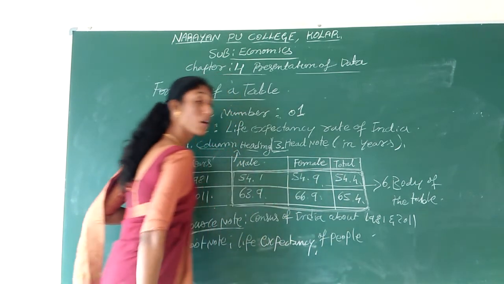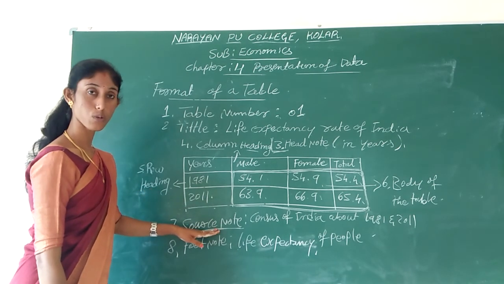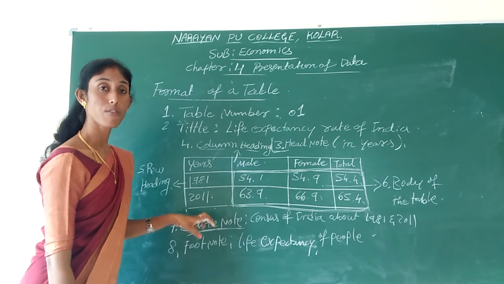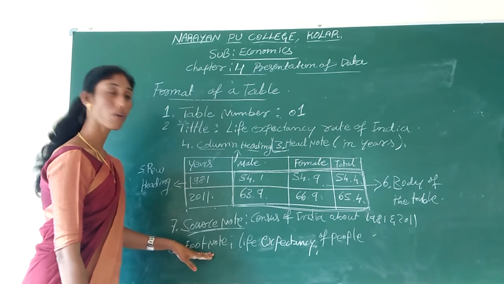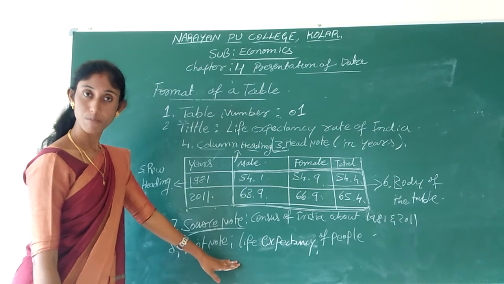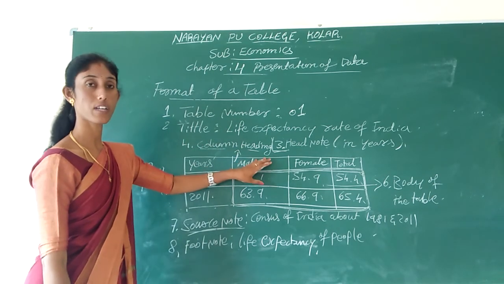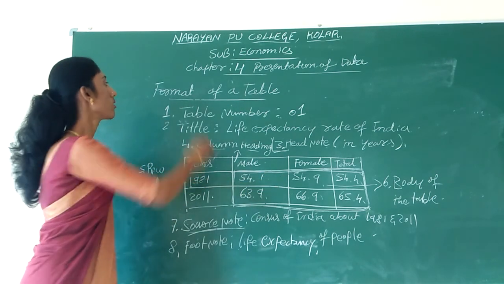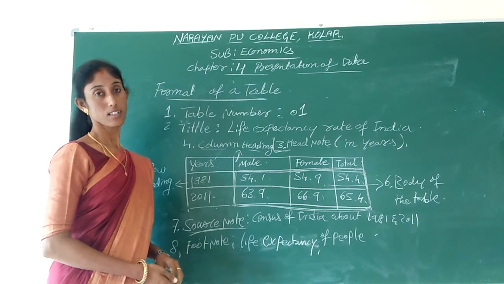And next, the source note. Source note means from where we have collected the data, we need to mention the particular source. Next, footnote means we need to give a conclusion about the table. Got it? By mentioning these 8 parts of a table, we need to draw one particular table. This is the format of a table, most important for 4 marks or 6 marks.